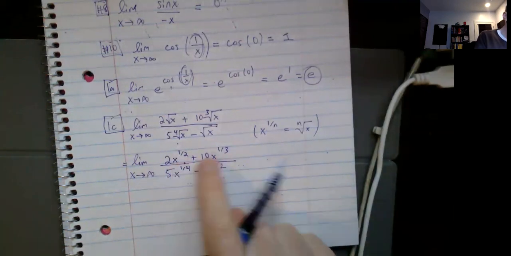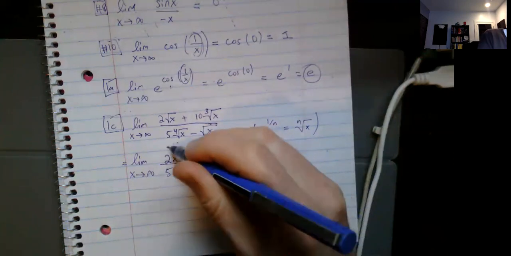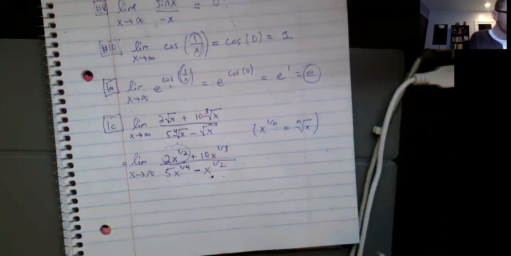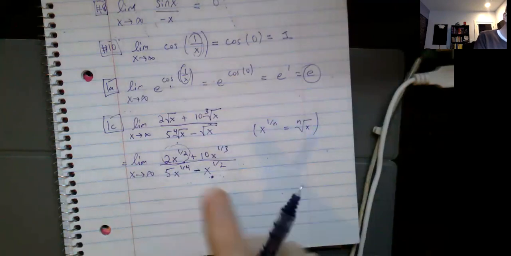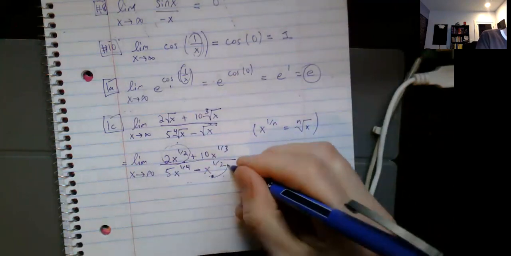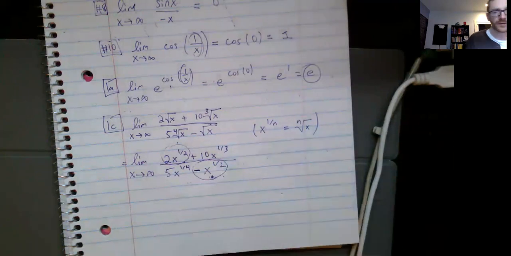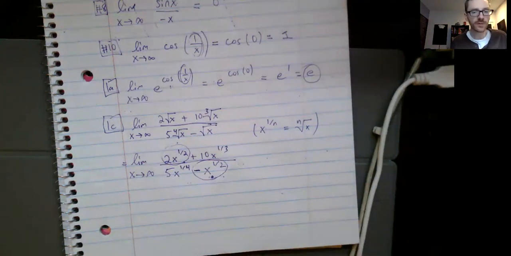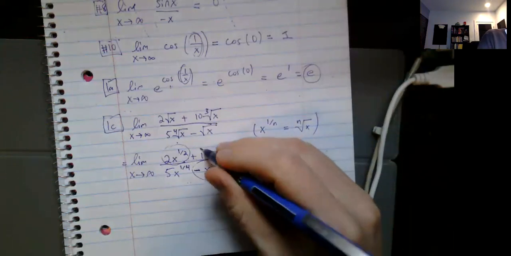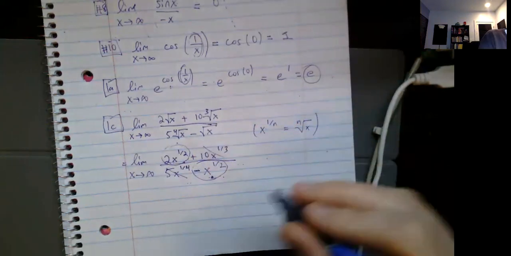Well, 1/2 is larger than 1/3. So this is the term that's growing most quickly up top. In the bottom, which term is growing more quickly? It's actually this one, because the 1/2 is larger than 1/4, right? The higher the power of x, the more quickly the term grows. So we can actually drop these slower terms.